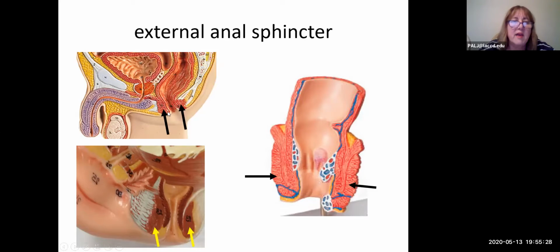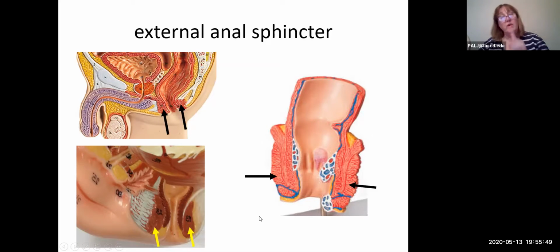Same thing on the male model. You can see the internal anal sphincter. The external is not going to be this thing here looking at the floor, the bottom of the pelvis. It's going to be this big thing out there on each side. Internal anal sphincter, external anal sphincter, internal anal sphincter, external anal sphincter.